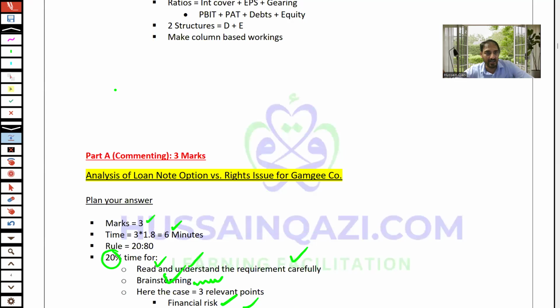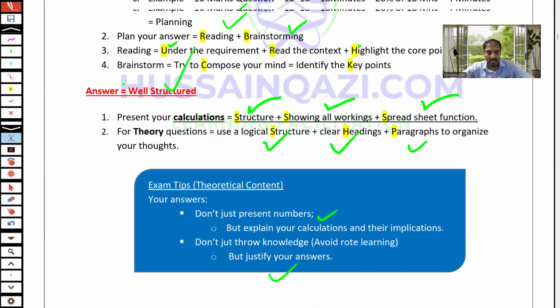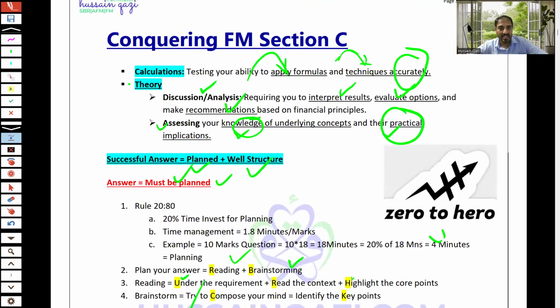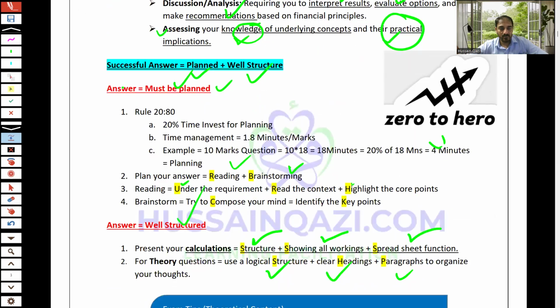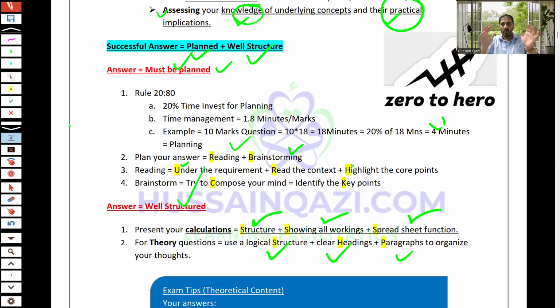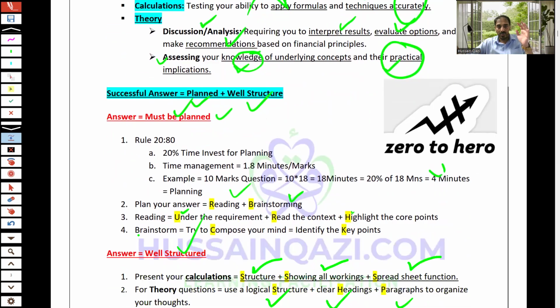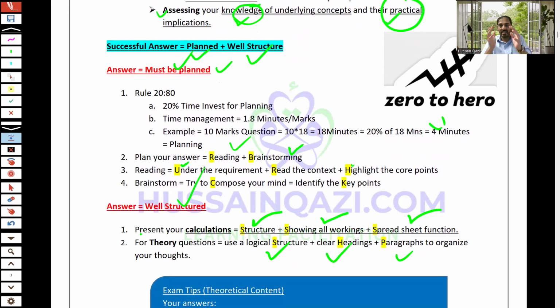Lastly, I must say here, I hope that you have identified the key points. I must say one more time, whenever you are attempting a section C type question, and if you really want to conquer it and become a hero, first of all, you have to obey my instruction: attempt the question in the CBE format.